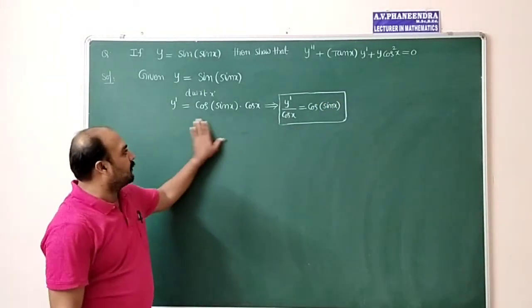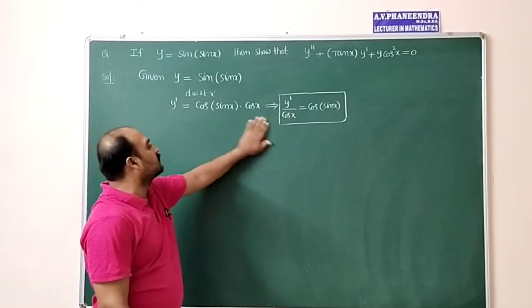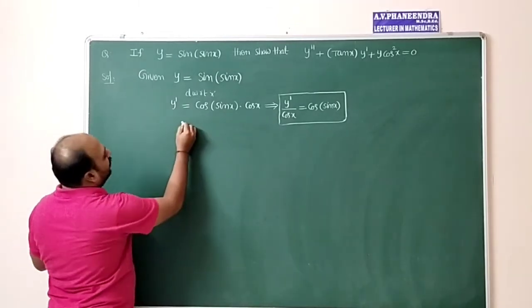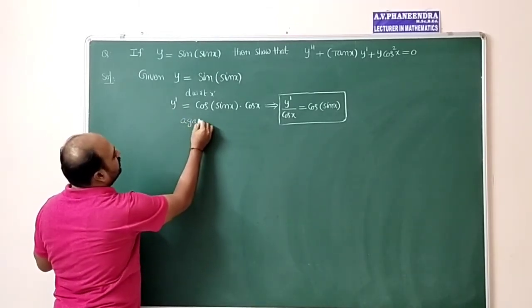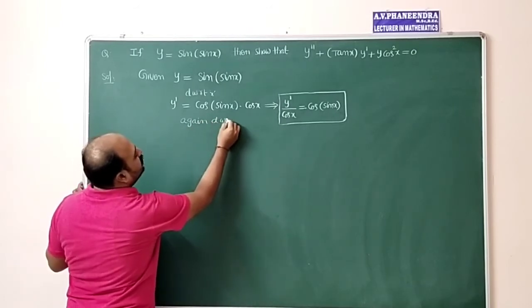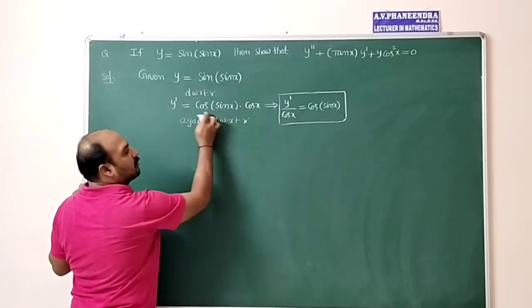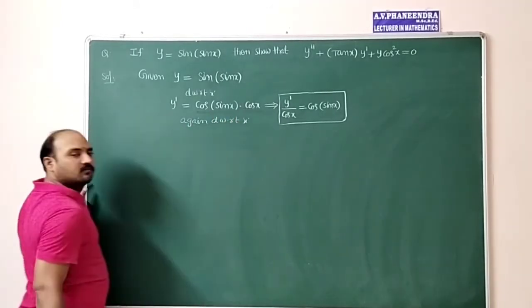After getting this step, again differentiate with respect to x by using the uv formula. This is u, this is v.